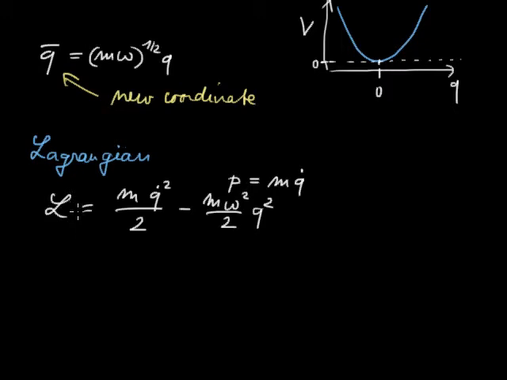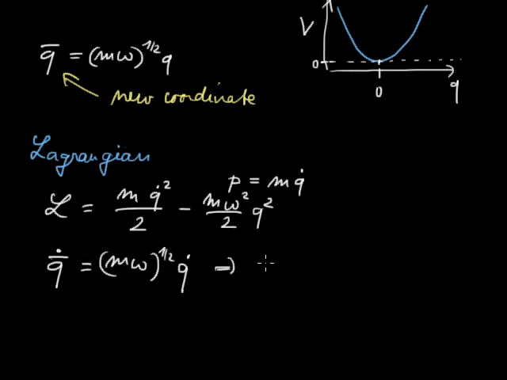Out of the Lagrangian, as well as from the Hamiltonian, I can find the equations of motion. In terms of the Hamiltonian formalism, I find them in terms of the momentum and the coordinate, and with the Lagrangian formalism, I find them in terms of the coordinate and its time derivative. So then it's very easy to define the time derivative of our new coordinate, which will have the same prefactor as the coordinate here.